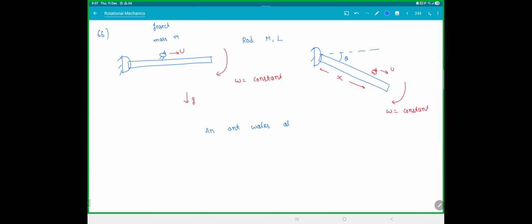An ant walks along a rotating rod with speed u. We observe the angular velocity of the rod remains constant.